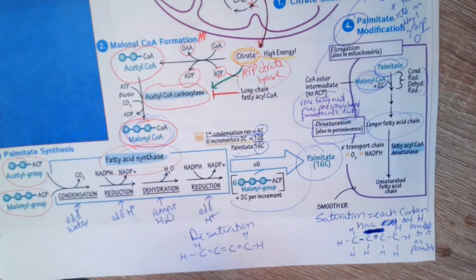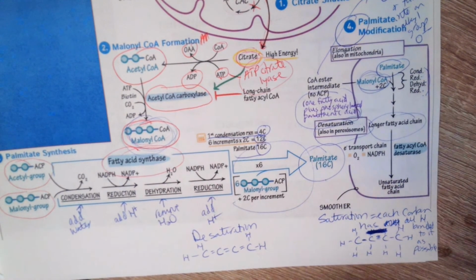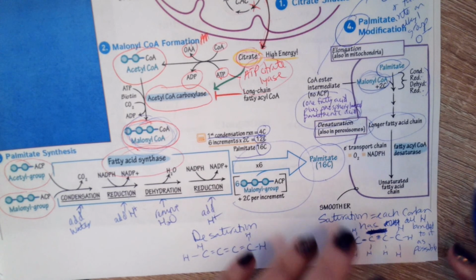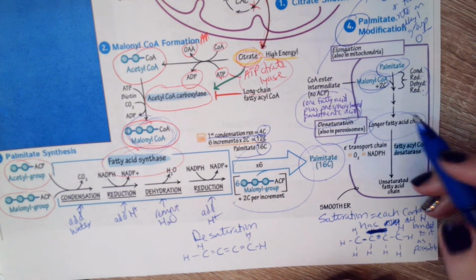So that's what we're thinking about when we think of saturated fats versus unsaturated fats. Polyunsaturated fats means more double bonds, like what we've just made here. Having just a couple of double bonds would be less unsaturated, if that makes sense. And the more hydrogens you have on the molecule, the more saturated it is. Just think of it being saturated in hydrogens.